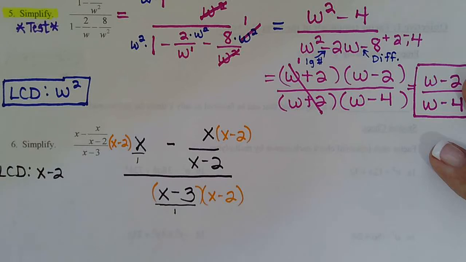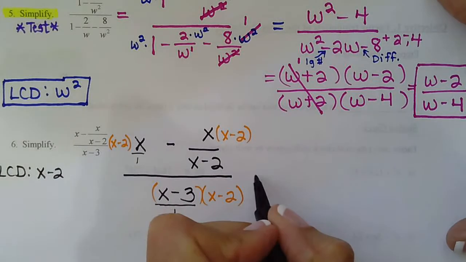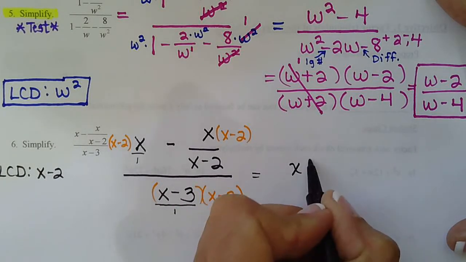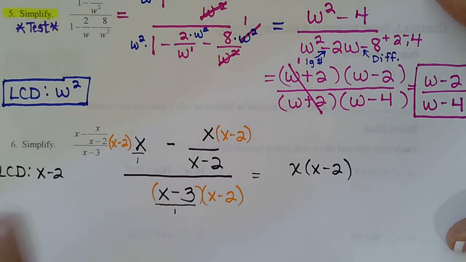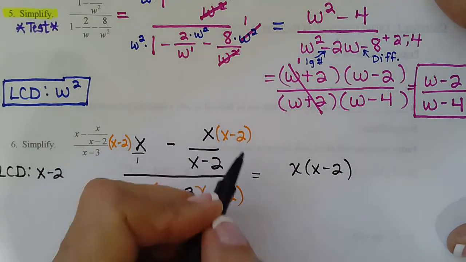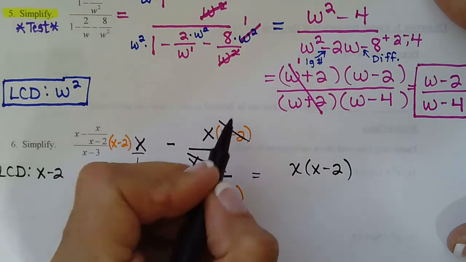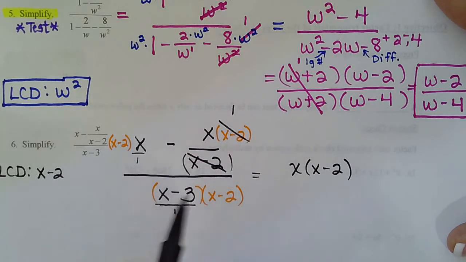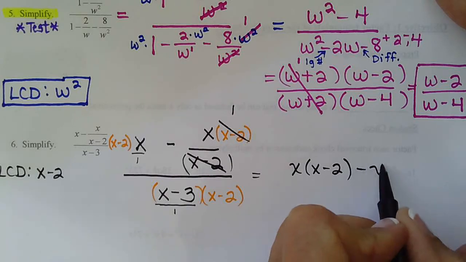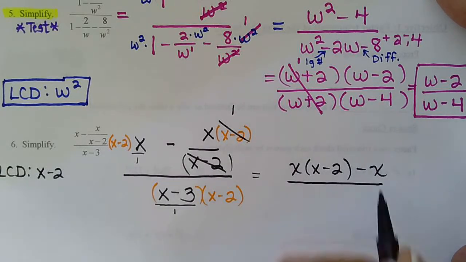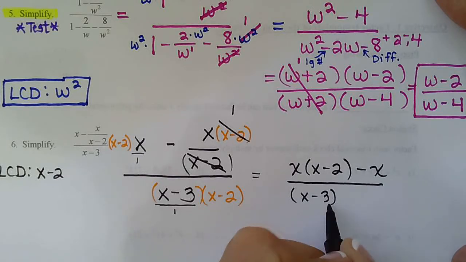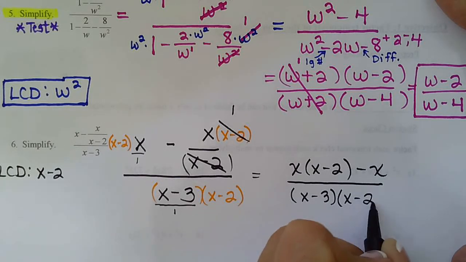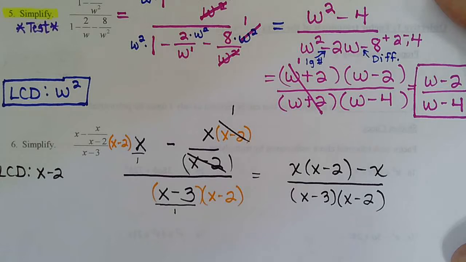So this first one turns into just x times x minus 2. And we can drop the 1 off. That was just there to help us find this. On this one, we go ding, ding, gone. So all we have is minus x. And in the denominator, x minus 3 times x minus 2. Again, we don't need the 1. That was just there to help us find the LCD.